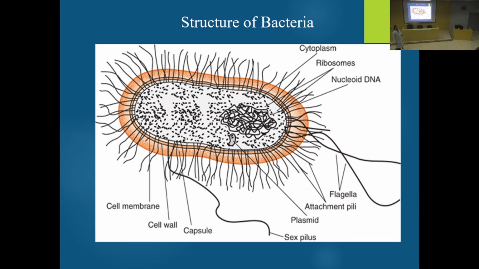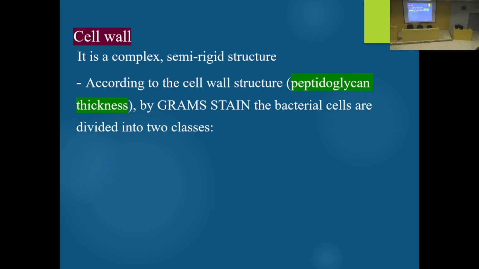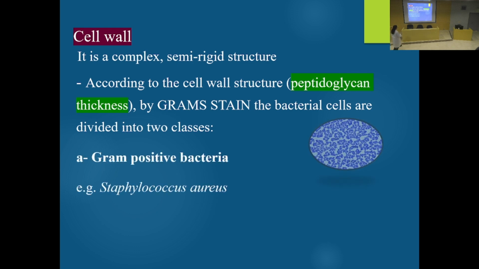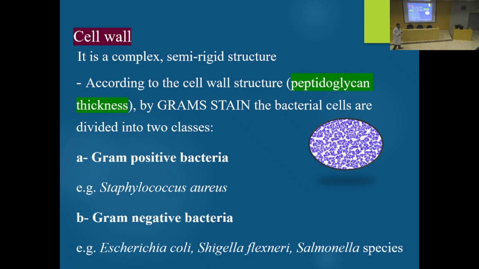Okay. Coming to the structure of bacteria. By now you know the structure of bacteria, right? The most important part is the cell wall. Based on peptidoglycan, we do a gram stain, and the bacteria are divided into gram positive and gram negative. So the cell wall is called gram positive cell wall and gram negative cell wall.